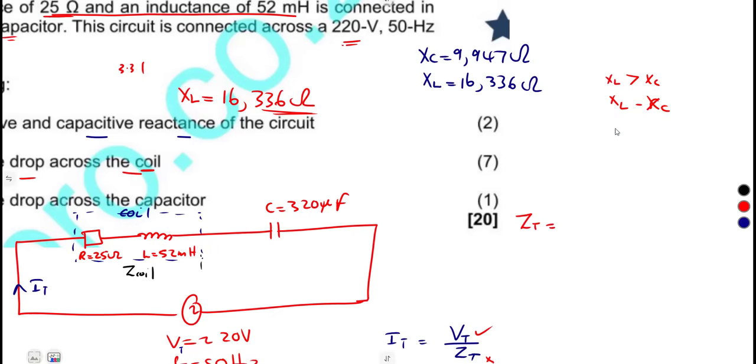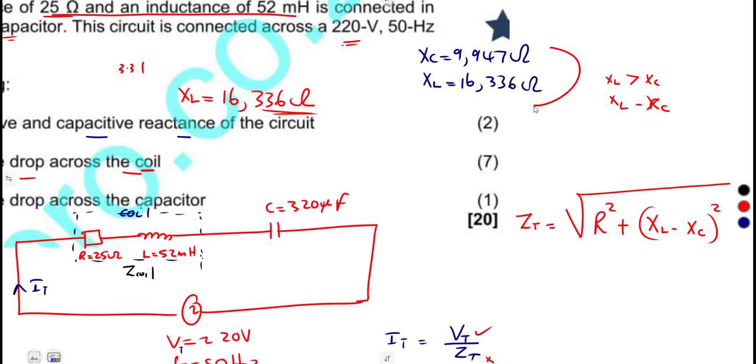To write XC minus XL is not a problem because the formula here, you're going to square at the end of the day. Here, this is R squared plus the difference XL minus XC squared. Even if you're going to say XC minus XL, it was not going to affect because at the end you're going to square your values. But it's just best for you to write starting with the bigger one, the bigger minus the smaller one.